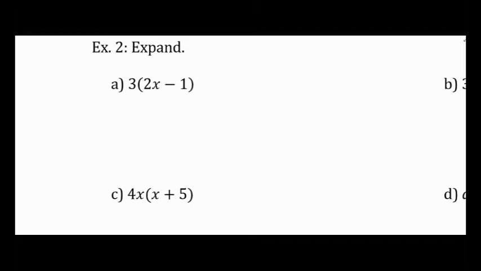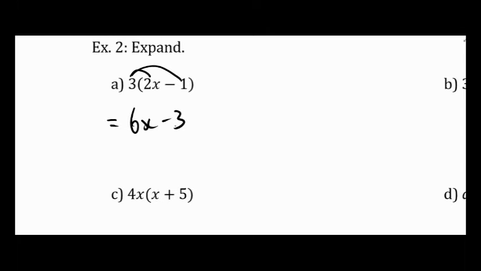Do 3 times 2x. Uh-huh. And get 6x. So there you go. There's our answer. What was your strategy, though? Just multiply. What did we do on Friday? Does anybody remember?